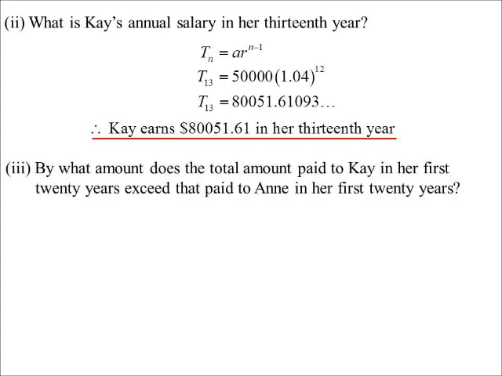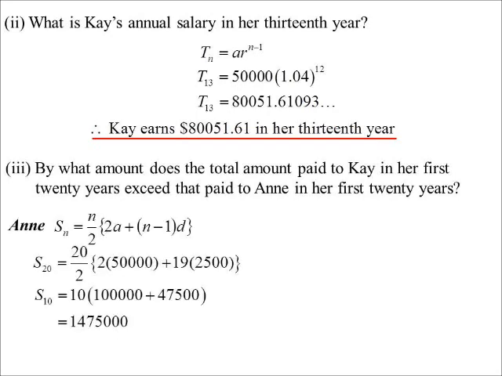By what amount does the total amount paid to Kay in the first 20 years exceed the amount paid to Anne in the first 20 years? Okay, so now we're dealing with sum. So Anne's an arithmetic. We'll use the arithmetic formula. Subbing in, all up, she gets $1,475,000.